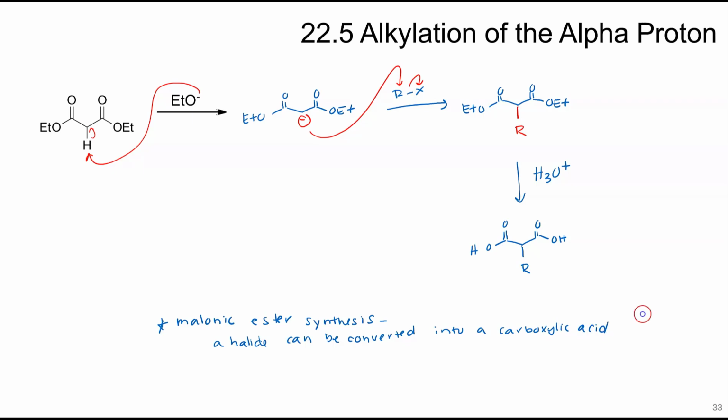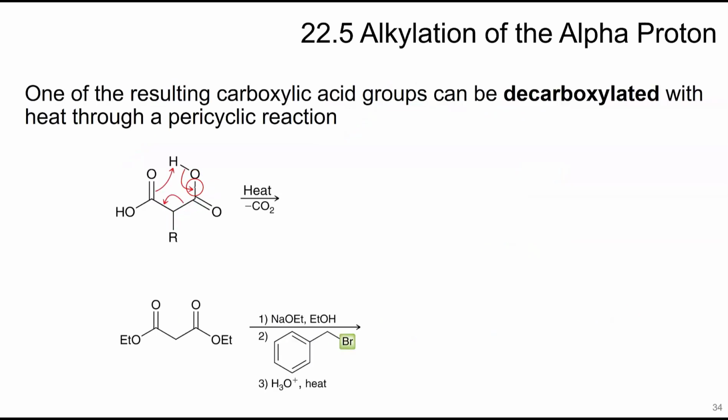If you heat up that reaction, so you have that diacid here between those, you can decarboxylate it through a pericyclic reaction. So you heat it up and you lose CO2. This is what would result from those arrows, and then it's going to tautomerize. And you get that R group right there.